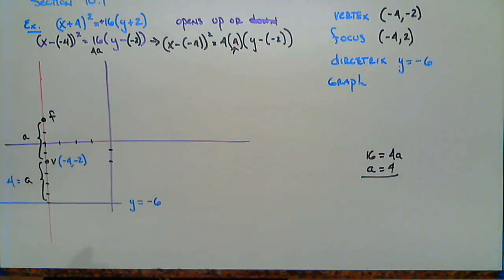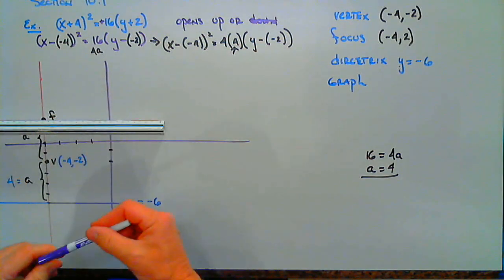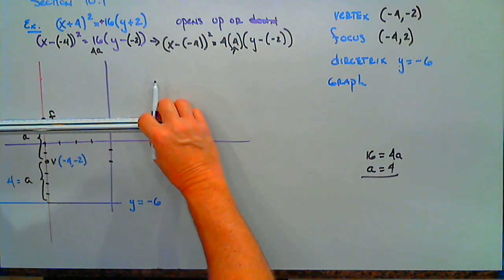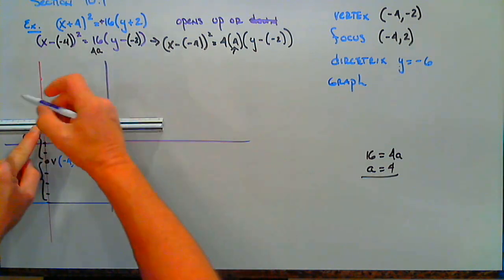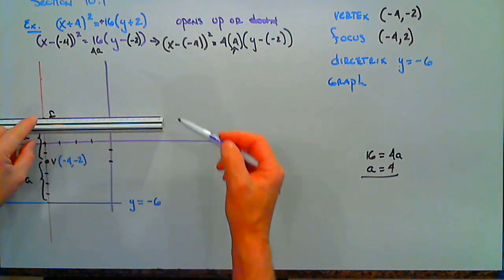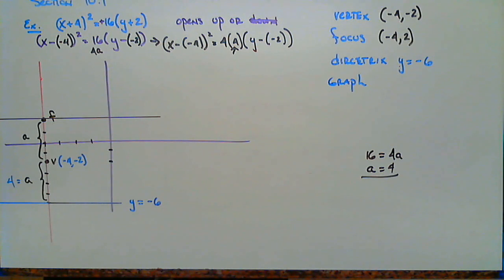Now, to draw our graph, we need 2 points. And we know the easiest place to go to find those 2 points is the latus rectum. We draw a line through the focus parallel to the directrix, and we know how to find 2 points on the parabola.